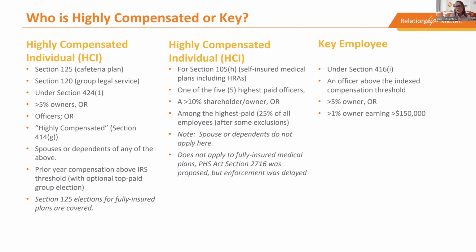So when we talk about Section 125, or Section 120, which is group legal service plans, as an example, the definition you use for highly compensated individuals is all of the below. If you are a greater than 5% owner and you're receiving benefits, if you're an officer and you're receiving benefits, or if you are highly compensated, and you need to go into the definition under Section 414 to identify what is highly compensated.